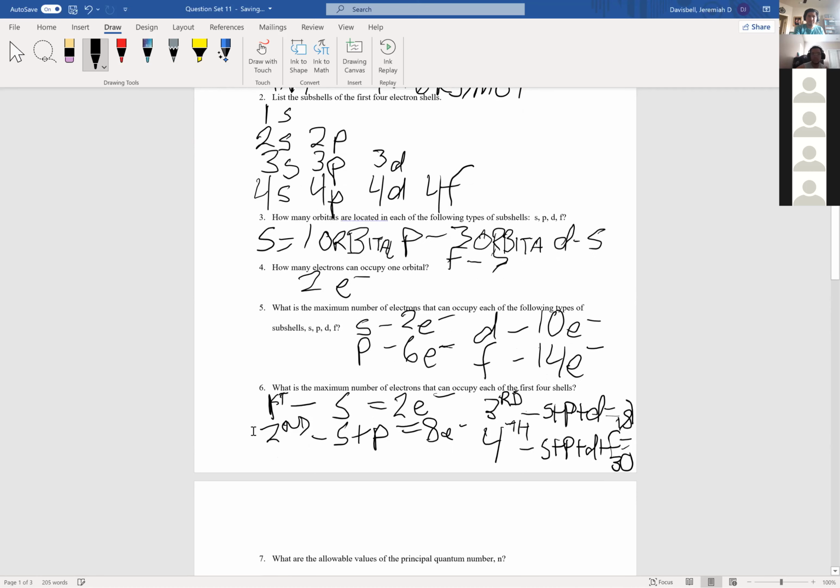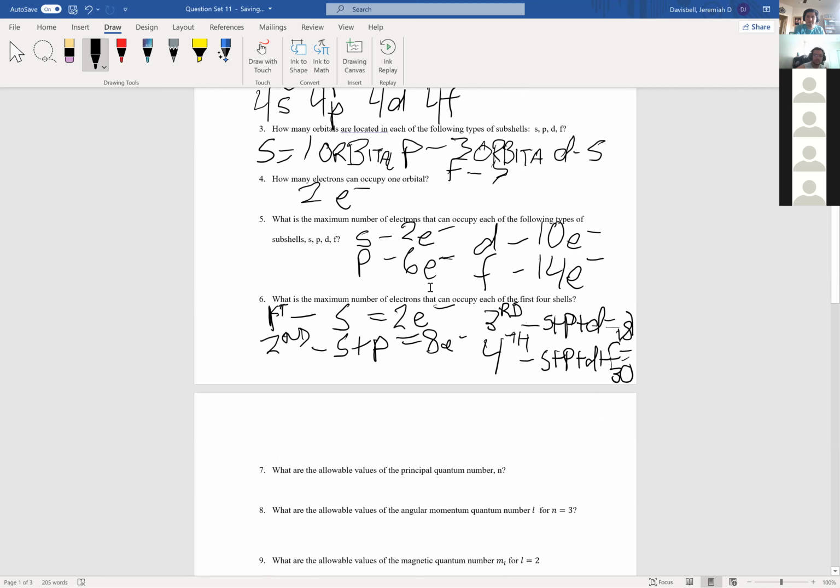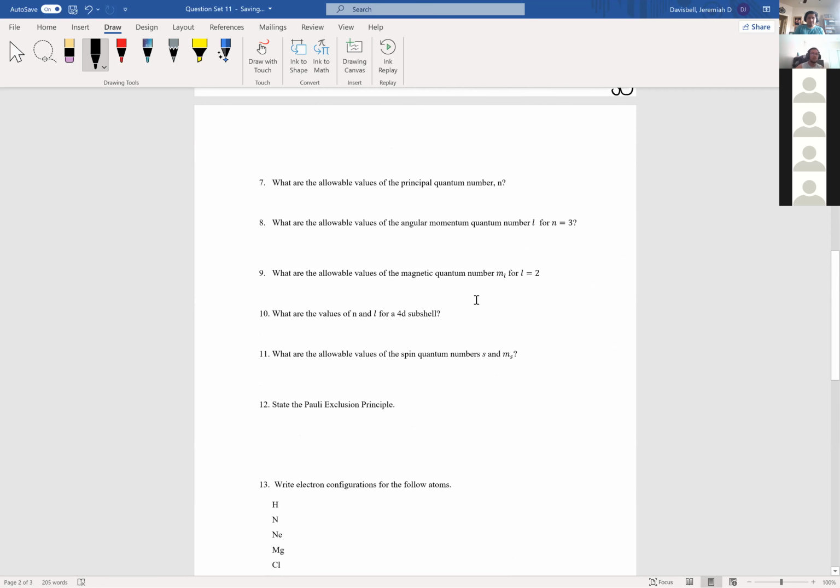And that's how it goes. That's it for 6. So for number 7, what are the allowable values? Well, for n, how do we figure out what n is in the first place? What on the periodic table tells us what n is?